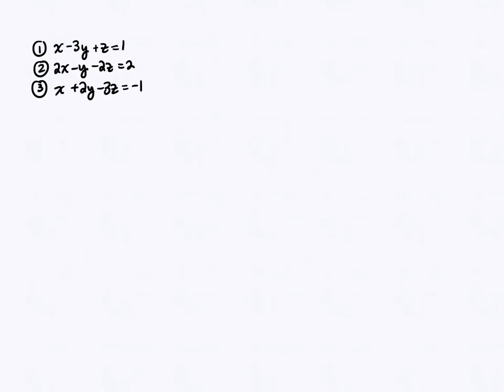Now, to do so, I'm going to have to multiply each equation, theoretically, by something. Let me write this out here. Here's step 1. I'm going to take number 1, x minus 3y plus z equals 1, and pair it up with number 3. Now to do this, you really don't have to multiply by anything, right? We could just subtract these two equations.